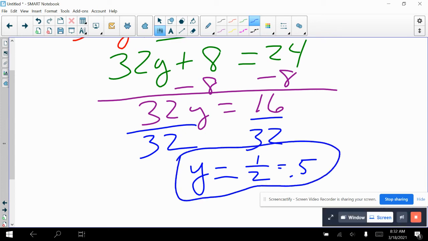You don't always have to get whole numbers as a solution. You can get numbers that are less than 1. We're not getting negative answers at the moment, we'll save that for another time, but I want to make sure you understand that you can get answers that are less than 1. Everything's not a whole number.